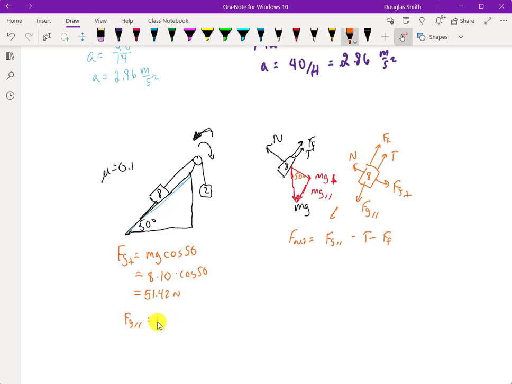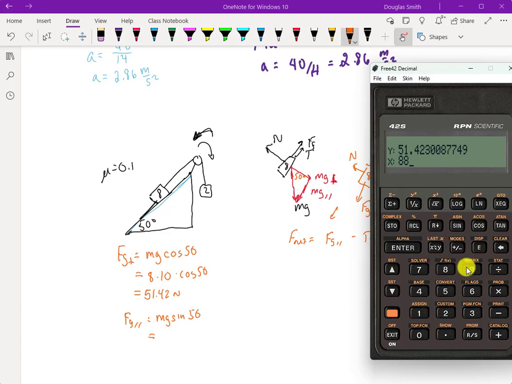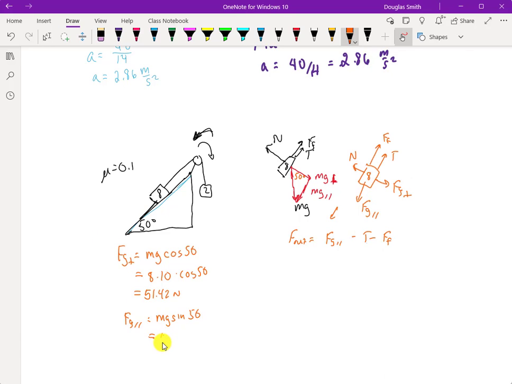FG parallel is mg sine 50. So that will be a little bit more. That's 61.28. This is also equal to the normal force. So we can actually calculate force of friction now. It's going to be mu N. So that's going to be 0.1 times 51.42. So that's 5.142 newtons.